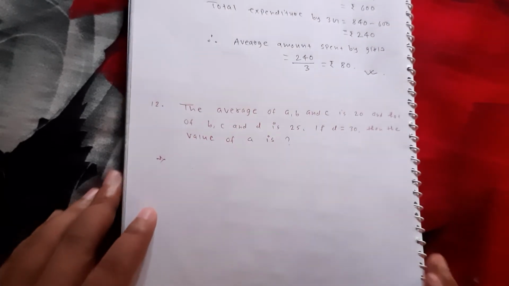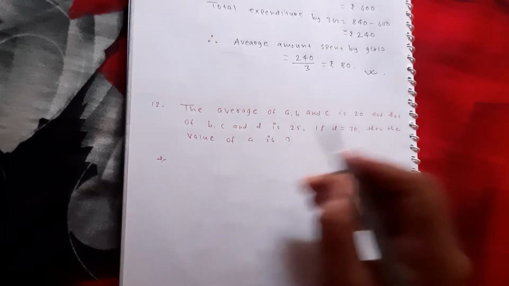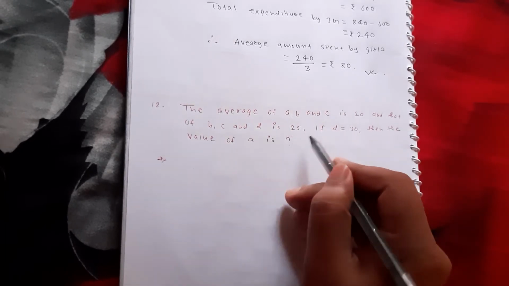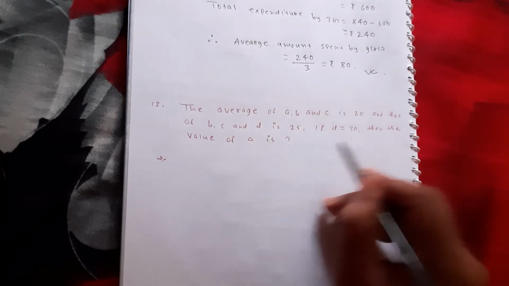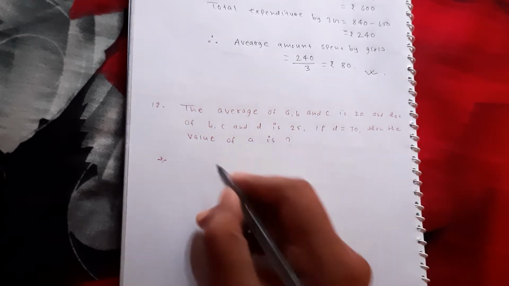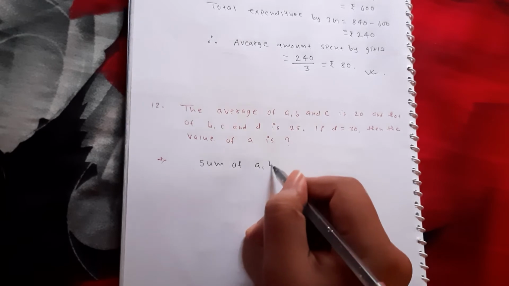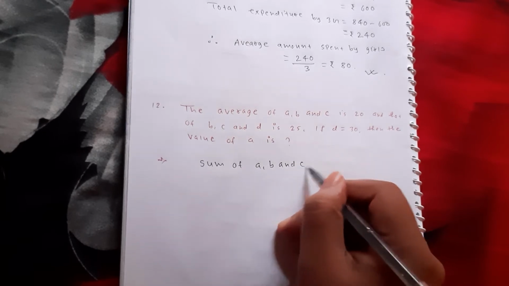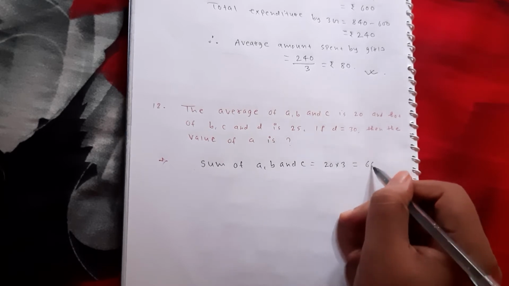Next question is: the average of A, B and C is 20 and that of B, C and D is 25. If D equals 30, then the value of A is? Okay, the average of A, B and C is 20, so the sum of A, B and C equals 20 into 3, which equals 60.